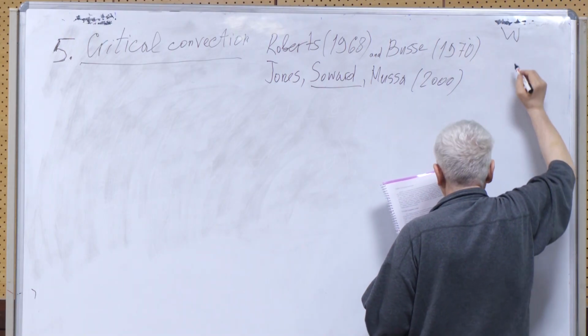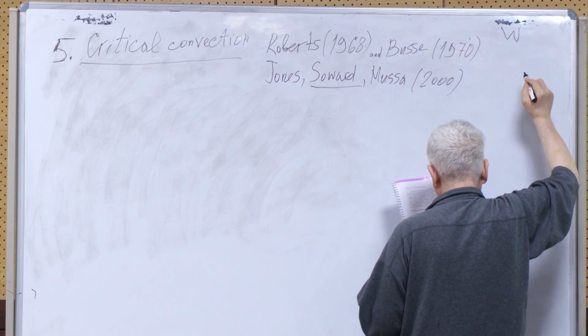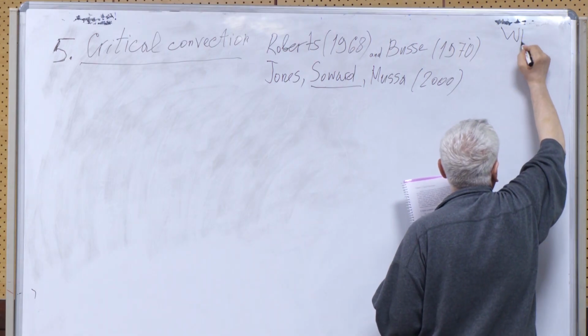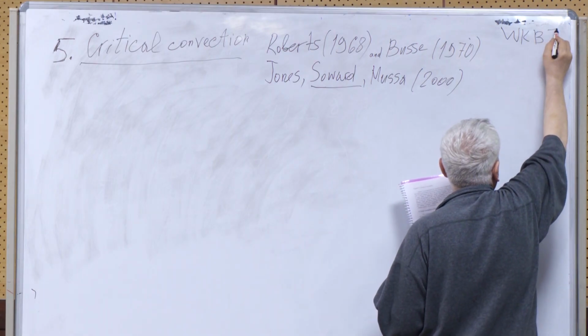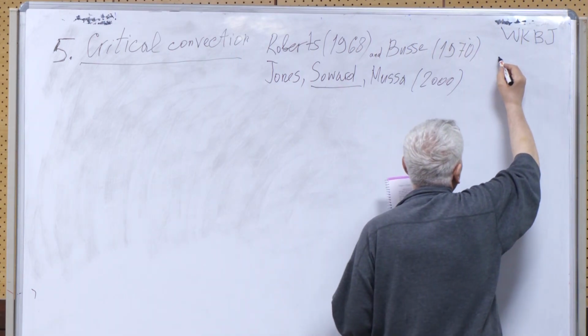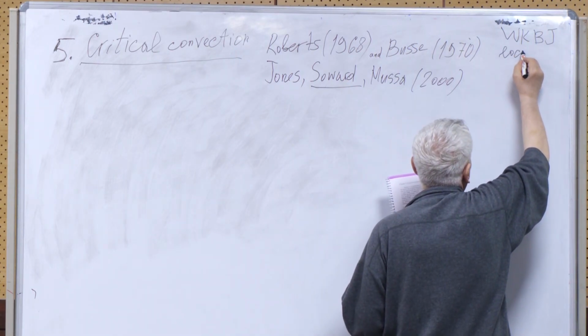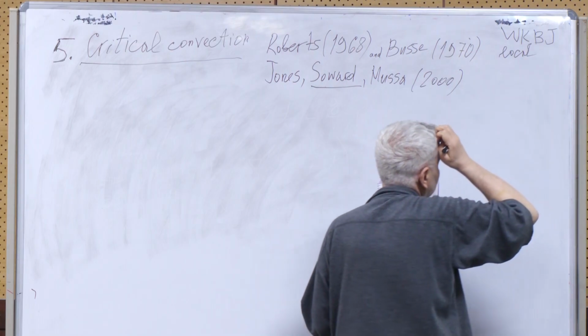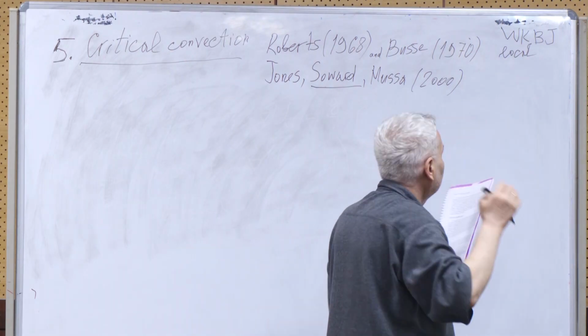Okay, let's write it like that. WKBJ method. Maybe you know this notation, but this was local, and of course not so accurate.